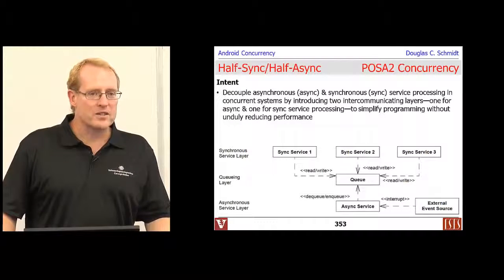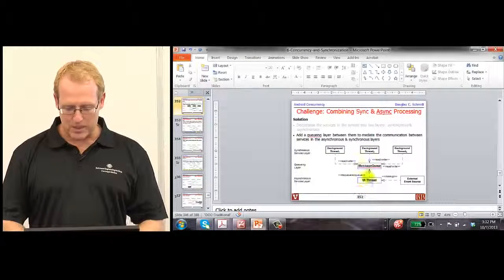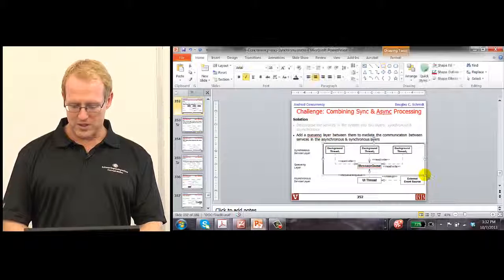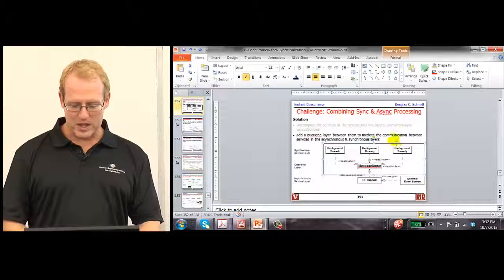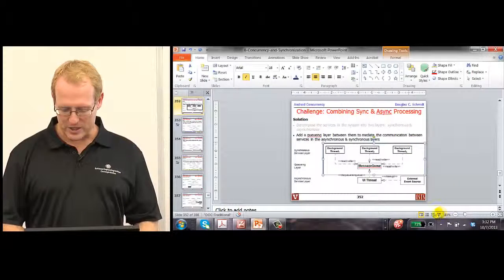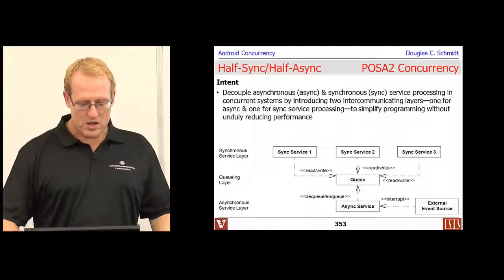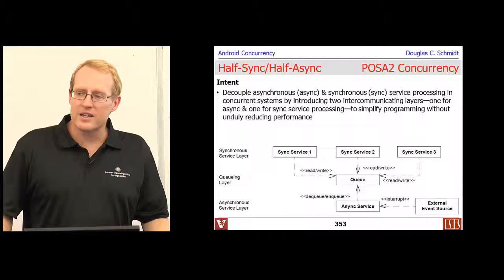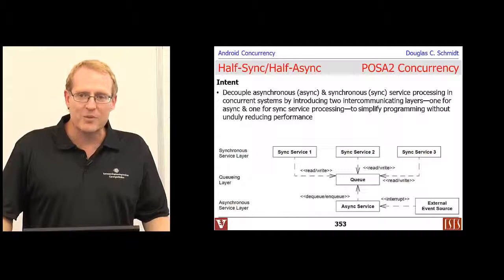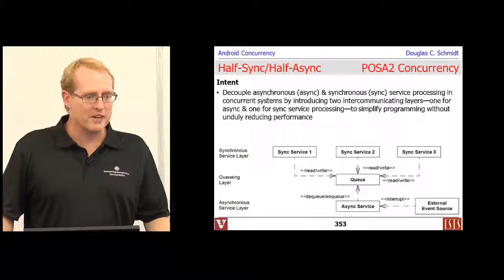So let's talk about this first as a pattern. And I guess what I should point out here, and let me just draw this to draw attention to it, is that this interaction we're going to see here is actually the AsyncTask framework. So that's how Android actually solved this particular problem. The pattern that is used to document the way in which these different pieces interact with each other is called half-sync, half-async.